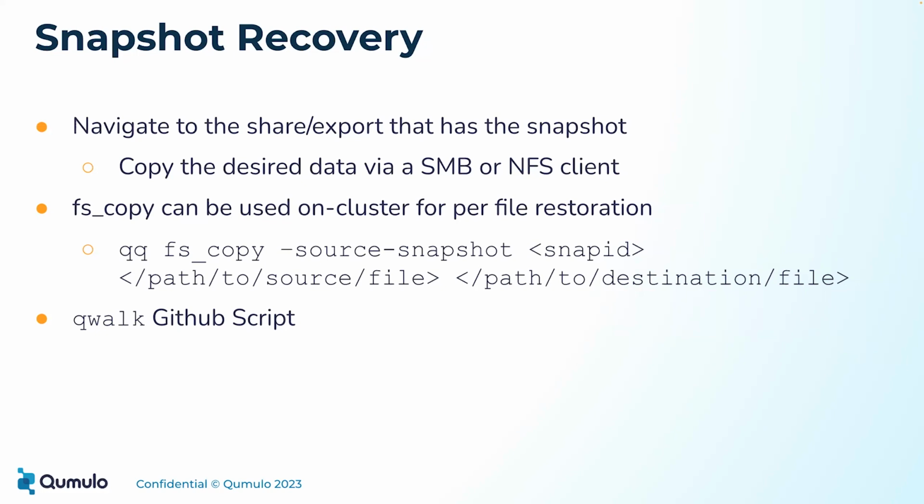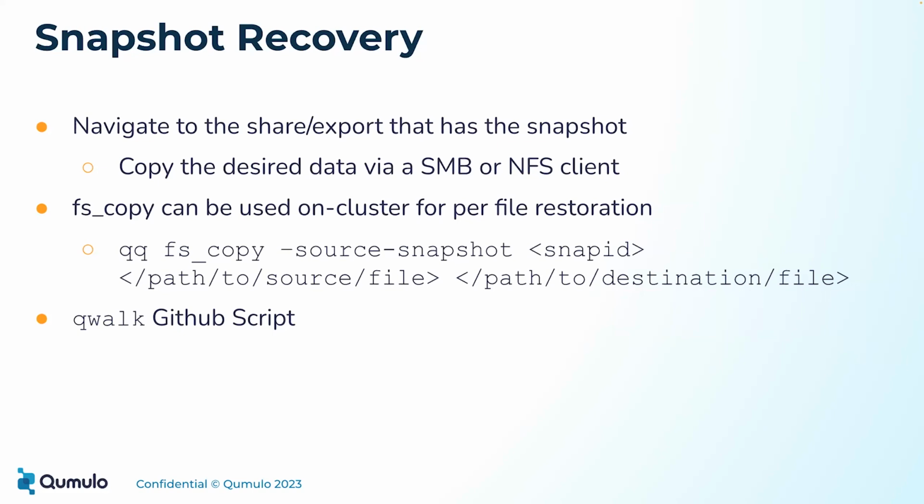Now you can restore it to the same spot, the original location, if you want. Or if you're looking to pull something out of a snapshot to see what it looks like, you can do that as well, and you'll restore it to some completely separate destination. If the file still exists, but you're just trying to overwrite it, there's an overwrite flag that you can add on to that, which will let you forcefully write it over top.